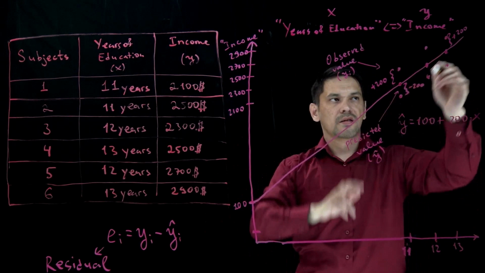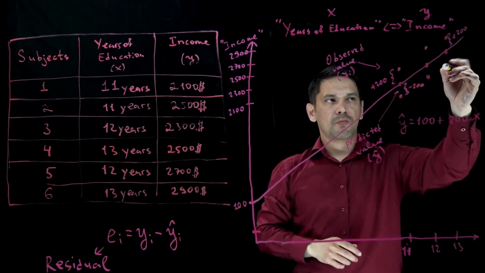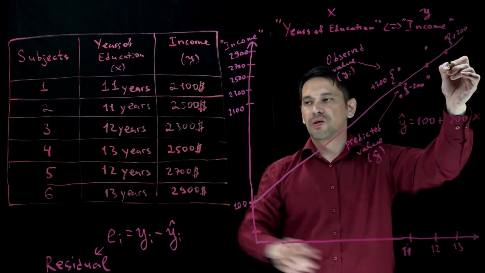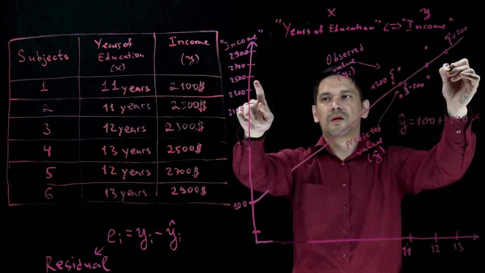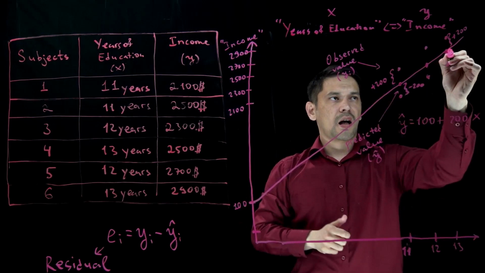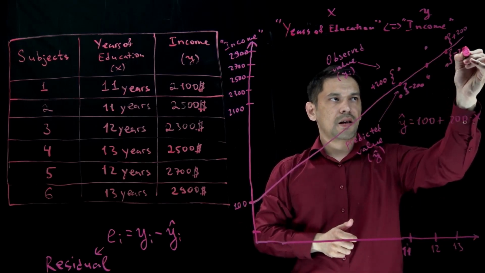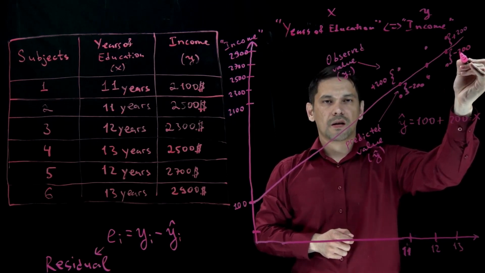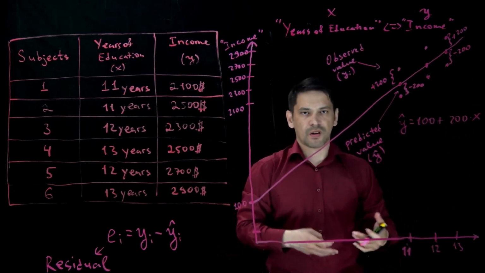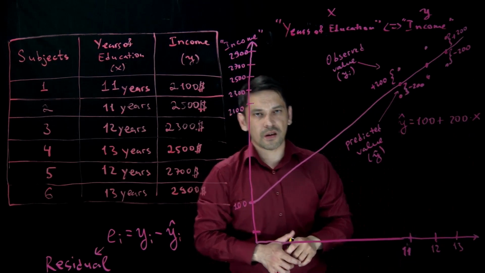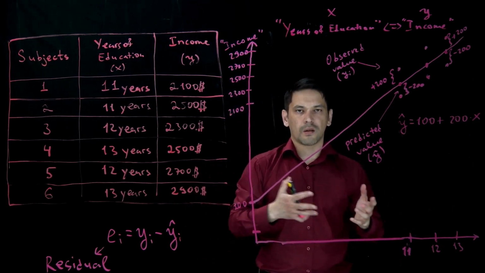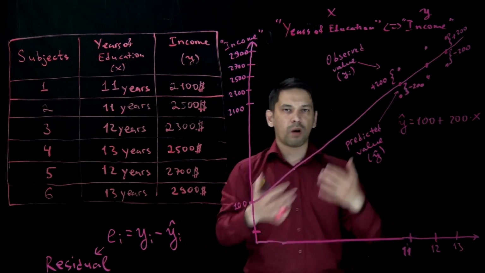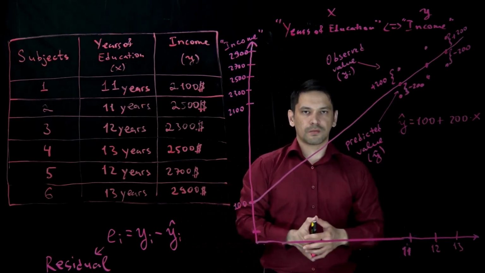And now the guy says, well, actually, you made a mistake when predicting my income. My actual income is equal to $2,500. That means I overestimated his income by $200. So I made a mistake when trying to predict his income. So think of a residual as something like a prediction error that we make when predicting the variable y based on the variable x.